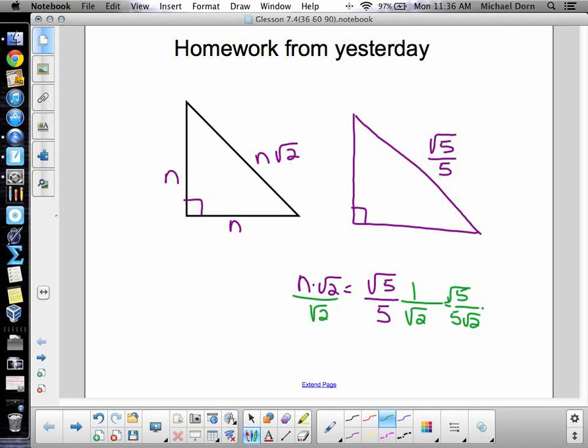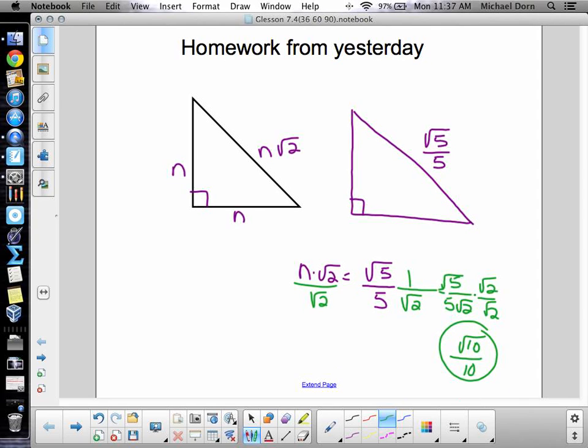I have to rationalize that. Root 5 times root 2 is root 10. Root 2 times root 2 is 2, and 5 times 2 is 10. And I have that my side is root 10 over 10. And that's how we solve that.